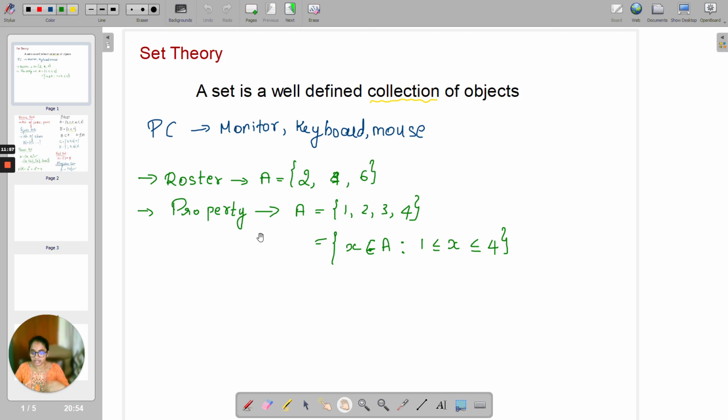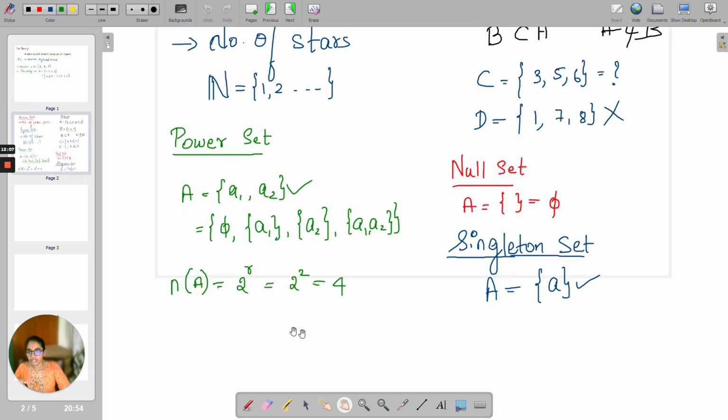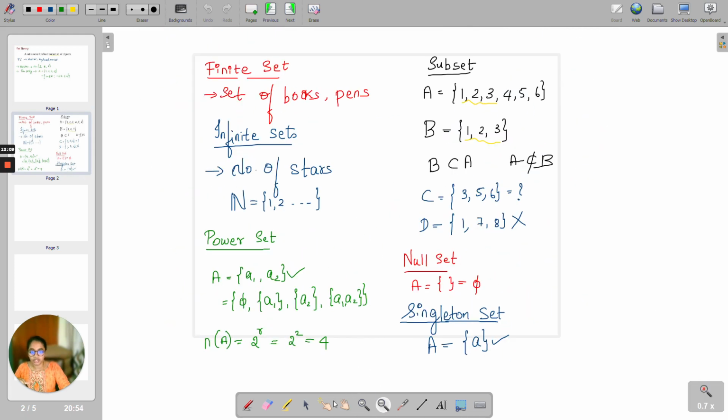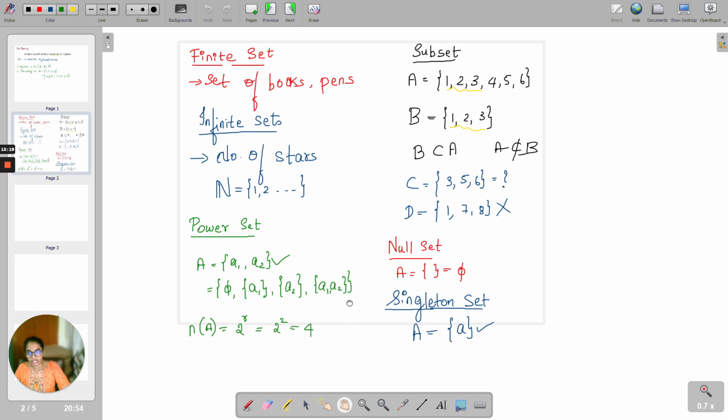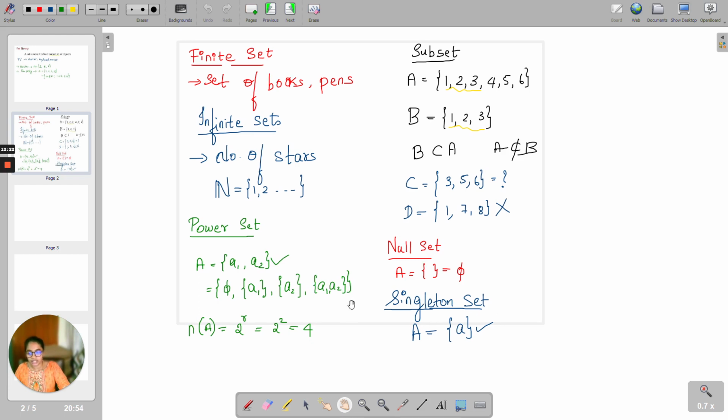And then comes the property method, where you specify the property of the given set. Then we studied finite sets. The word finite itself says that the number of elements in the set is finite. Then comes the infinite set, where the elements of the set are infinite. Null set, that is an empty set, and singleton set, which has only one element.